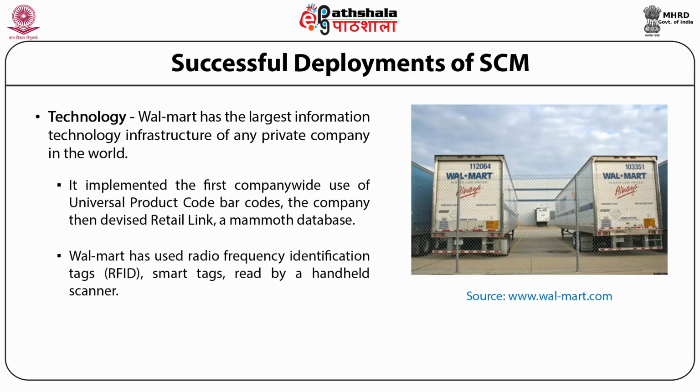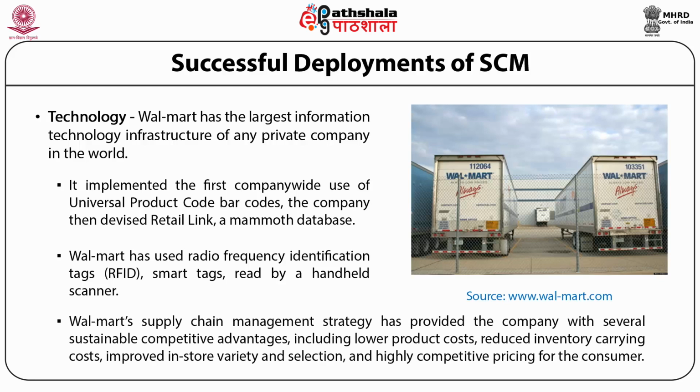Walmart has used radio frequency identification tags, RFID, smart tags read by a handheld scanner. It entered into a collaboration with P&G for maintaining the inventory in its stores and built an automated reordering system, which linked all computers between the P&G factory through a satellite communication system.